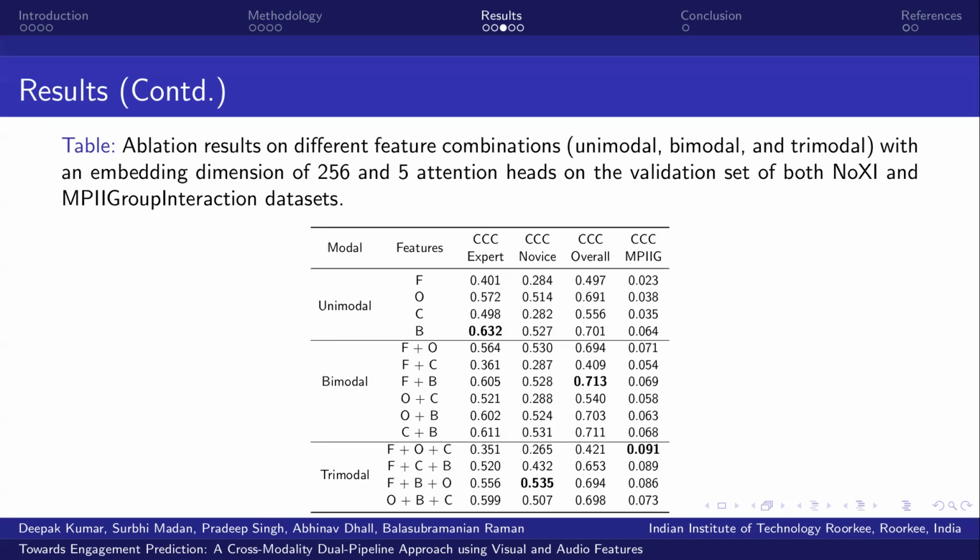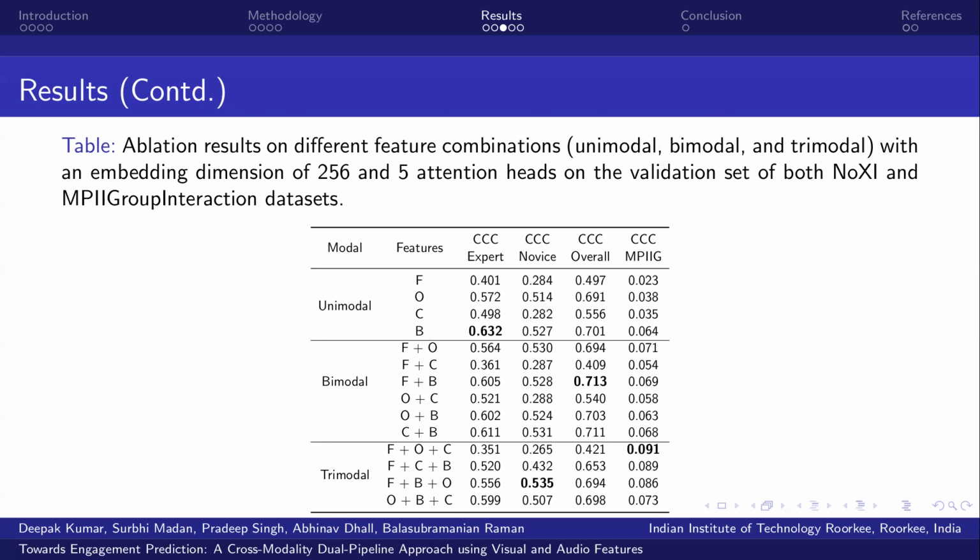In this table, we presented results for different modality combinations, which are unimodal, bimodal, and trimodal. In our approach, the model shows that audio features are more informative for engagement scores than visual features. Combining audio with visual features improves performance by leveraging complementary information, whereas the best results are obtained with the facial motion and BERT.